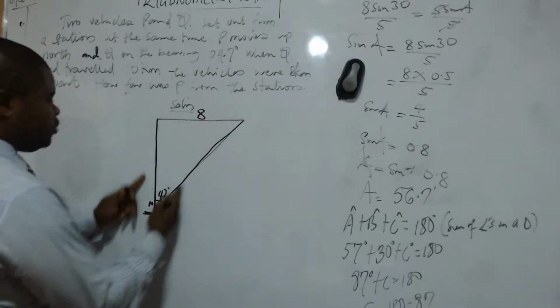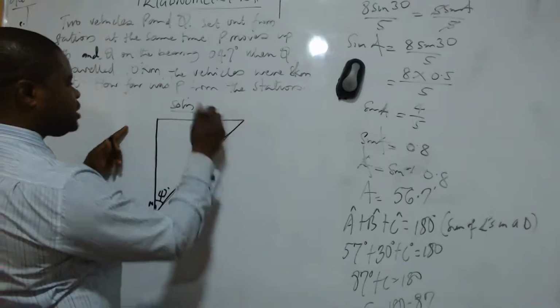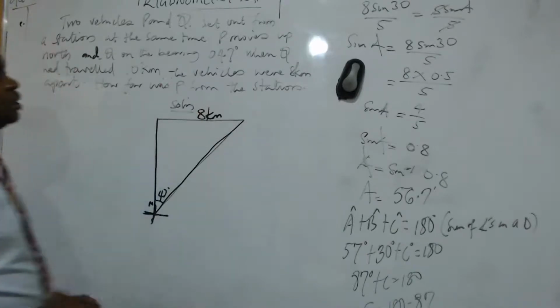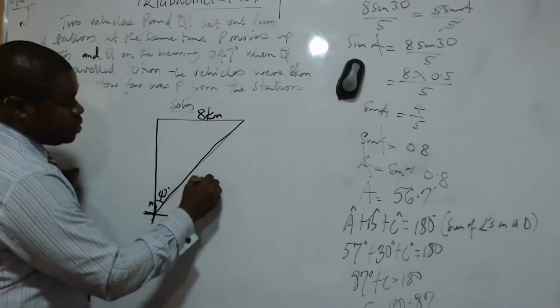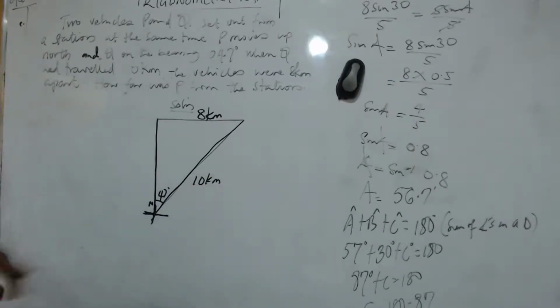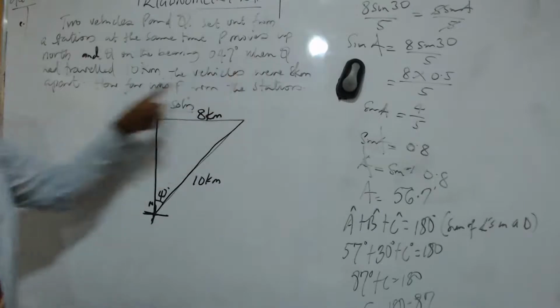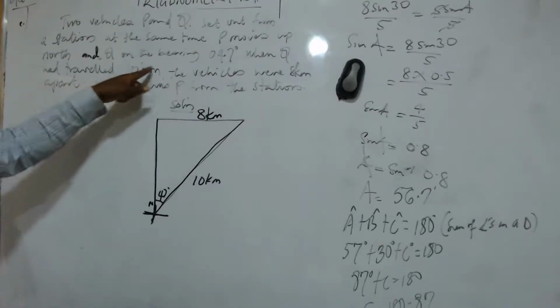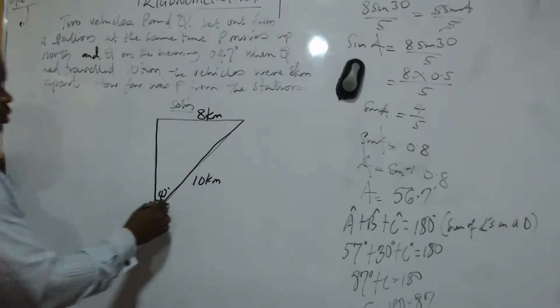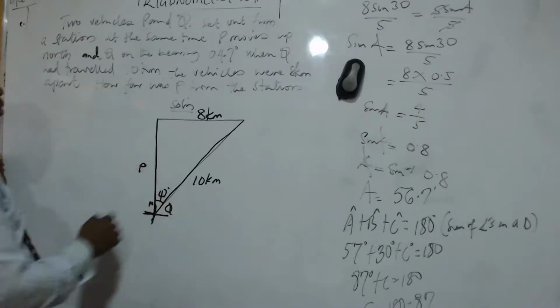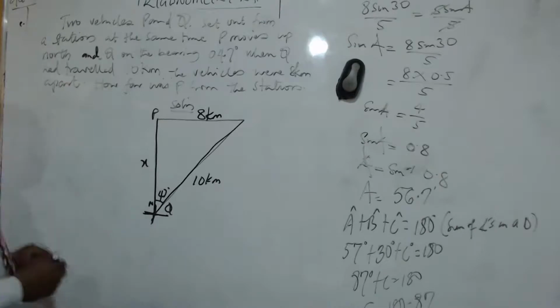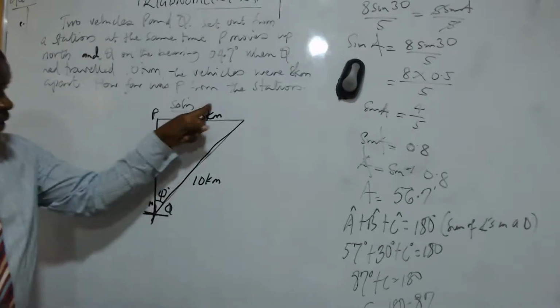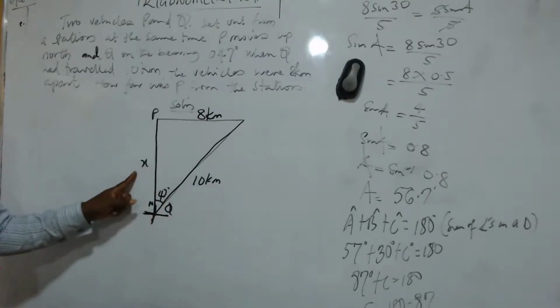These are the two vehicles, so they are 8 kilometers apart when Q has traveled 10 kilometers. Here we're going to have Q, here we're going to have P. So this place we are looking for. We don't know here.